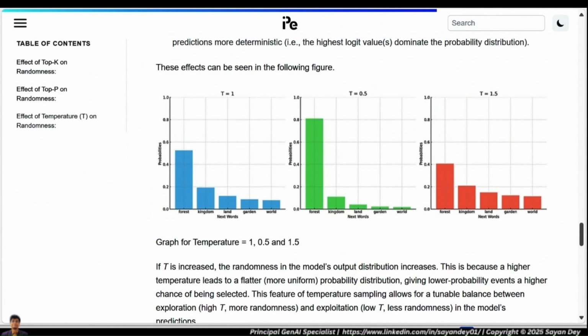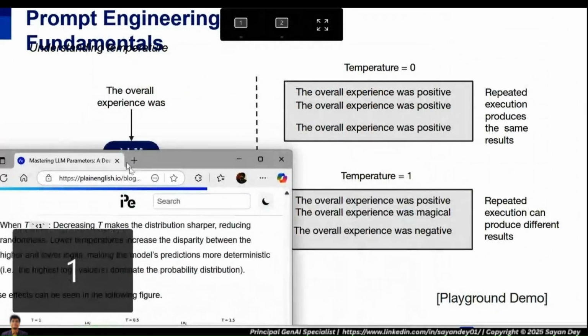You look at a sequence of words and try to predict the next word. When the temperature value is very low, it always chooses the word with the highest probability. That is how these language models are supposed to work. Based on the sequence of words, the word forest has very high probability, so it will always be chosen, every time you run the code. This is exactly what I wanted to demonstrate here.